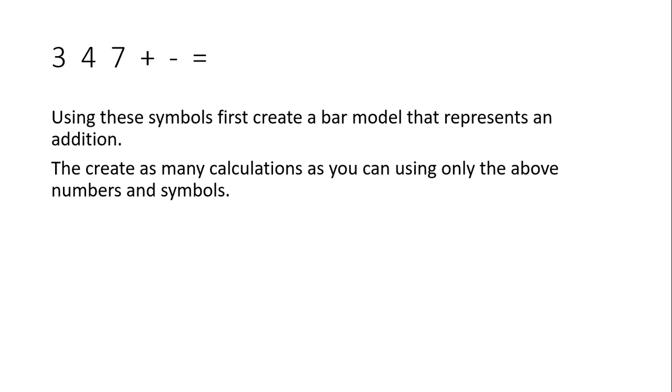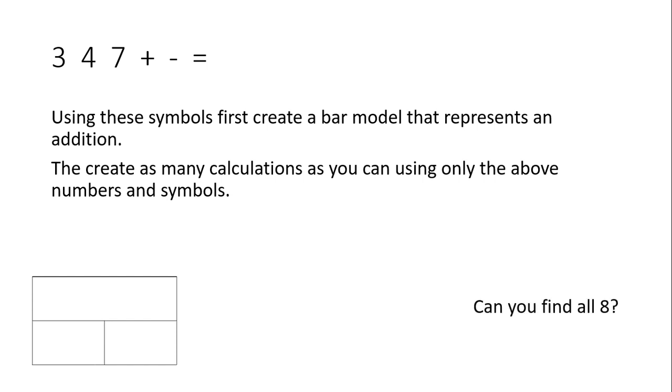Once again, we're going to be using a bar model, and remember, there's 8 to find. Is there a pattern that you have discovered? Can you also split your number sentences up into particular types?